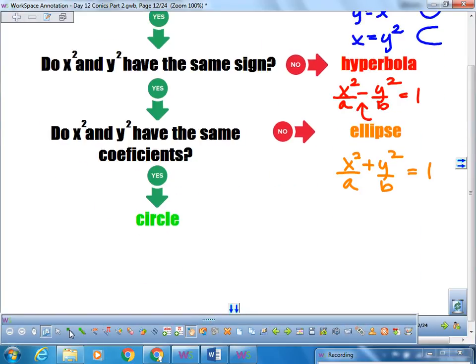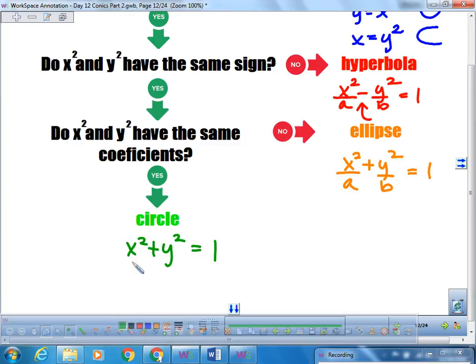A circle has x squared plus y squared equals r squared. They're both r squared, or the r could be on the side, but they're both the same. The major and the minor axes are both the same, so we don't need to say either one of them is major or minor. We just call it a radius instead of an axis.